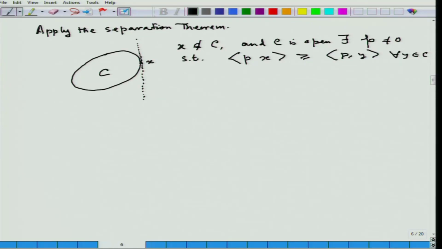So here we have A to be an open set and 0 is outside A. Now here 0 means (0, 0), basically this is the 0 of Rm and this is the 0 of Rn. Now if that is so, how do I go about applying the separation theorem?